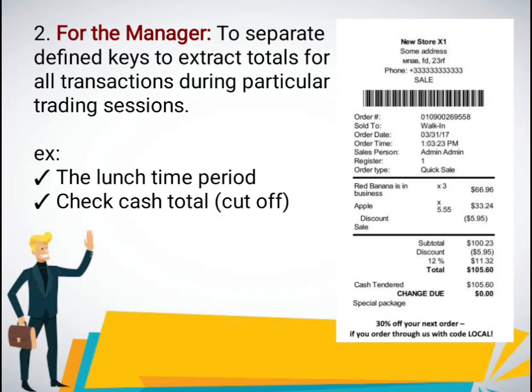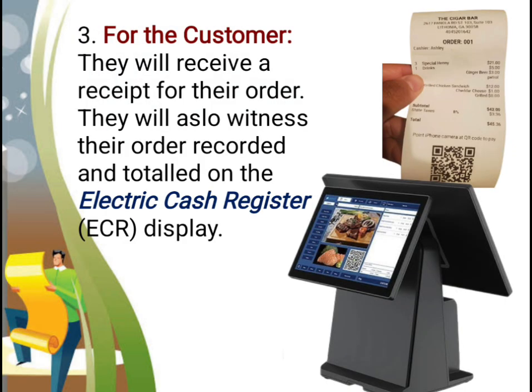And the next one, for the manager, is to separate defined cash to extract totals for all transactions during a particular trading session, for example, the lunch time period, and check the cash total or cut off. And for the customer, they will receive a receipt for their order.